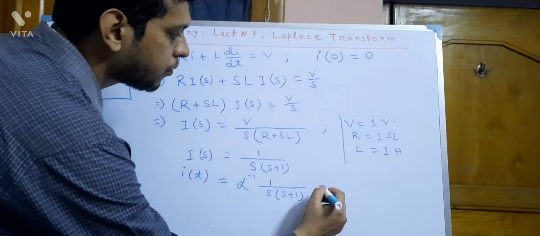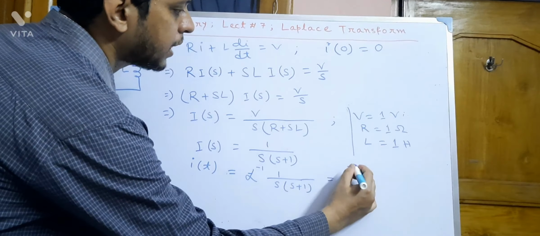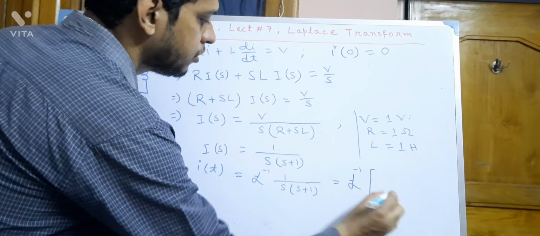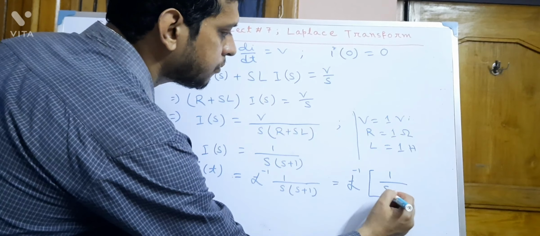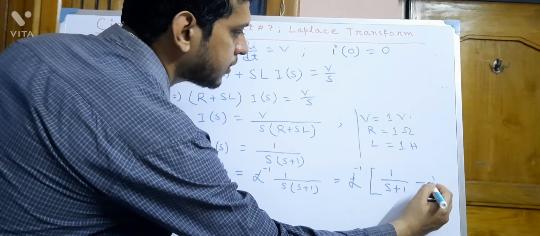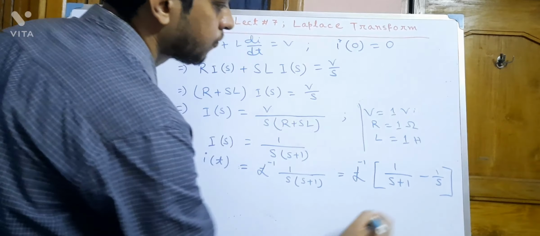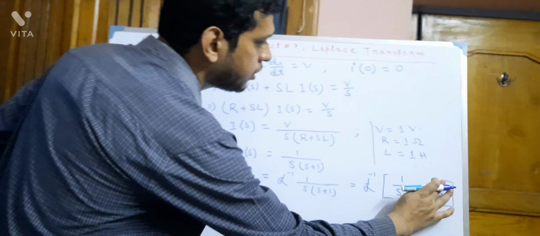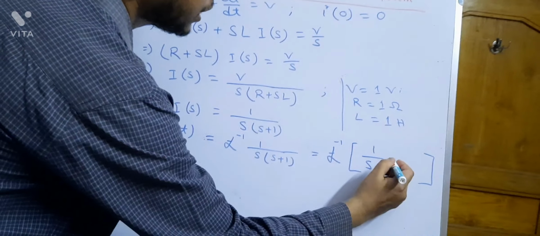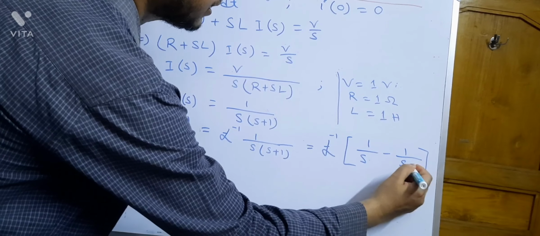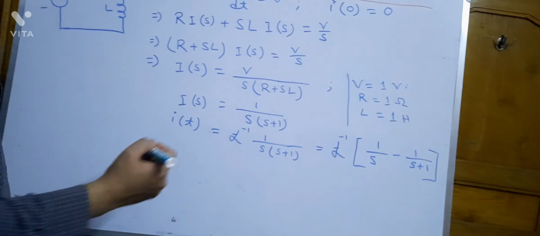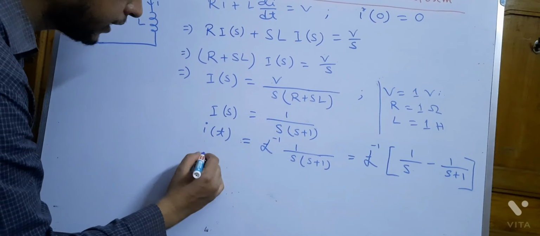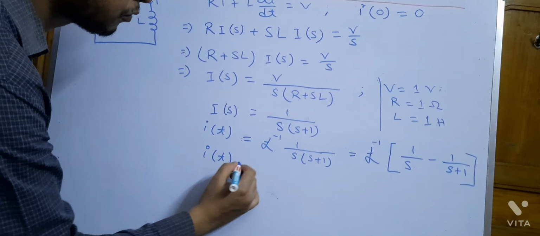So using partial fraction, this will be equal to 1 by S minus 1 by S plus 1.